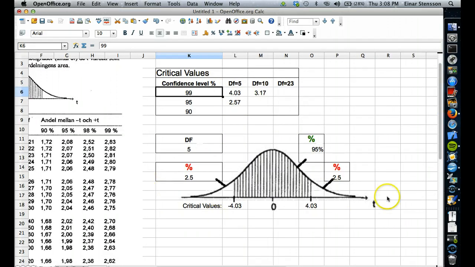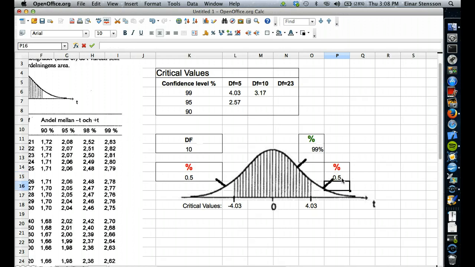If we're going to fill in the values in the diagram, I changed the degrees of freedom to 10 here because we've increased our sample size. However, the confidence level is going to be 99%, the same as for our first t-value. And if you remember, that was going to be 100 minus 99 divided by 2 in each tail. So I get 99% here, 0.5% there, 0.5% there.